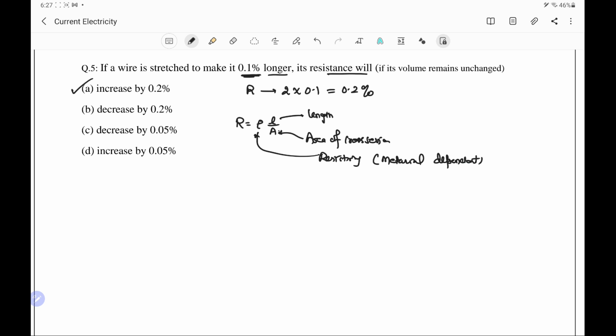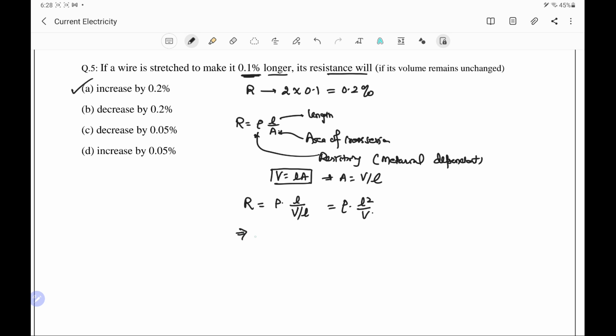And length and area are related with the volume of the wire, that is V equal to L A, volume equal to length into area of cross section. In stretching, we suppose that the density of the wire does not change. It means we can write this expression as R equal to rho into L by, and area can be replaced by V by L. So we can write it as rho into L square by V.